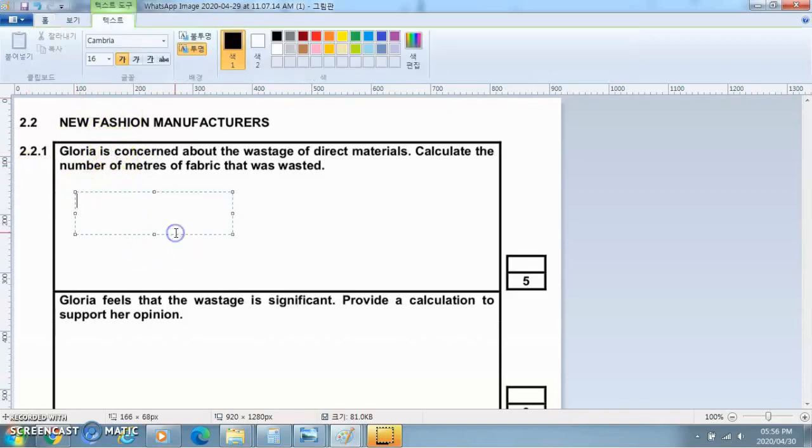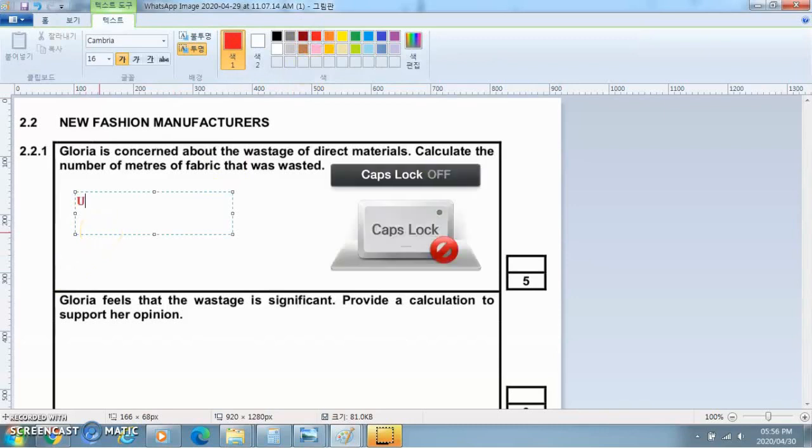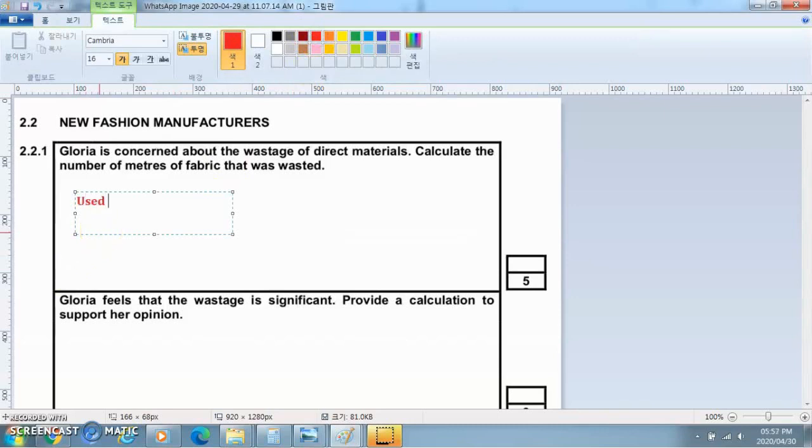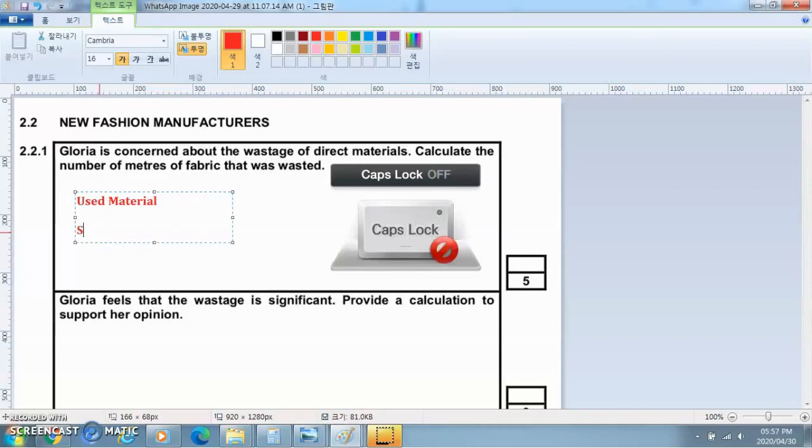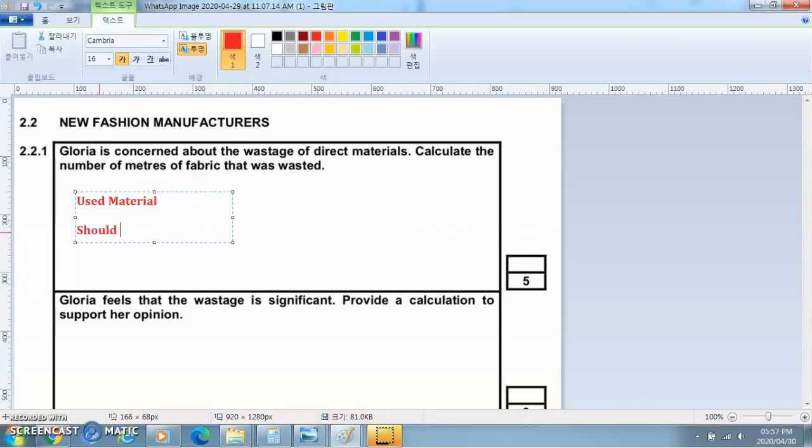So I'll just write down here used. Okay, let me use a different color. I'm going to use red. Let's say used material. And then down here I'll write should have. So we have what has been used and what should have been used. You get it?